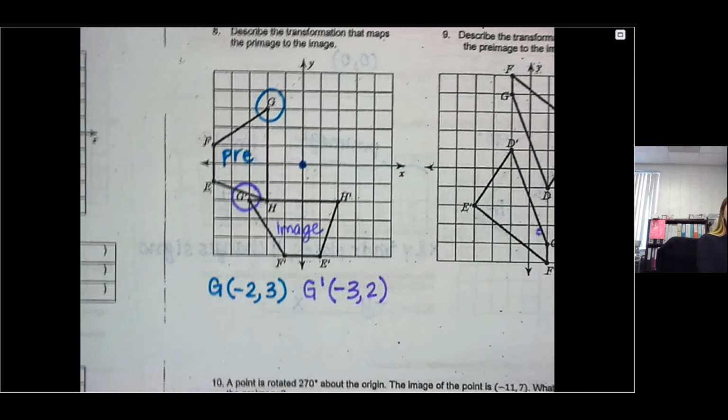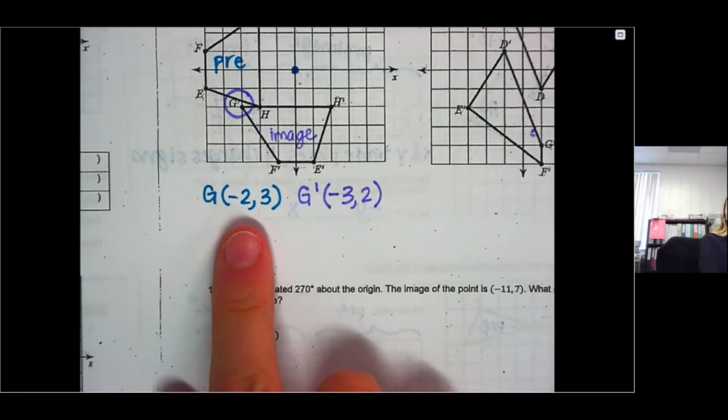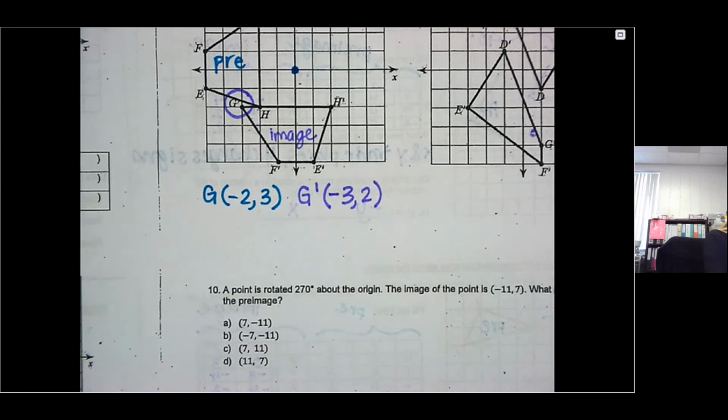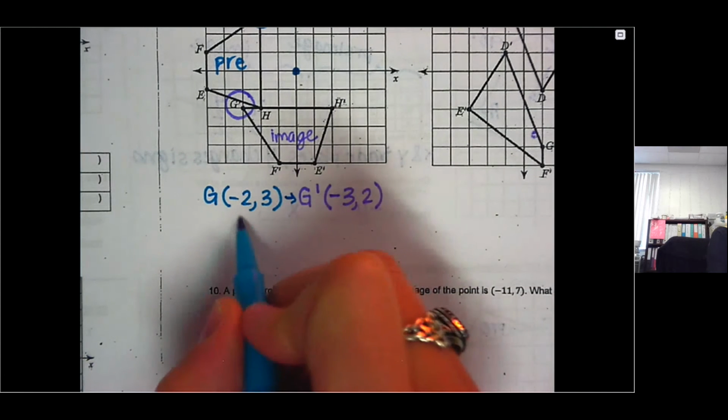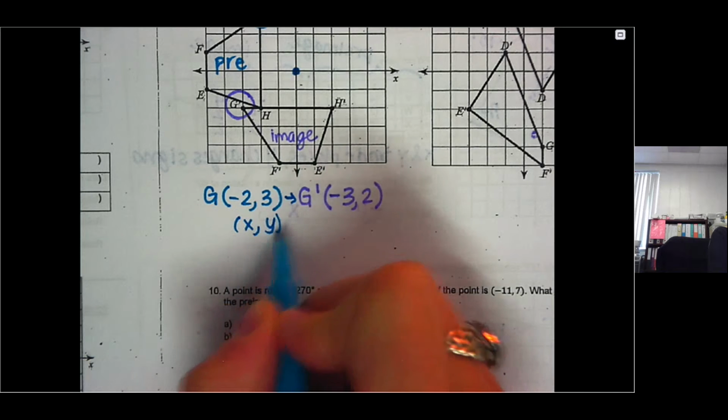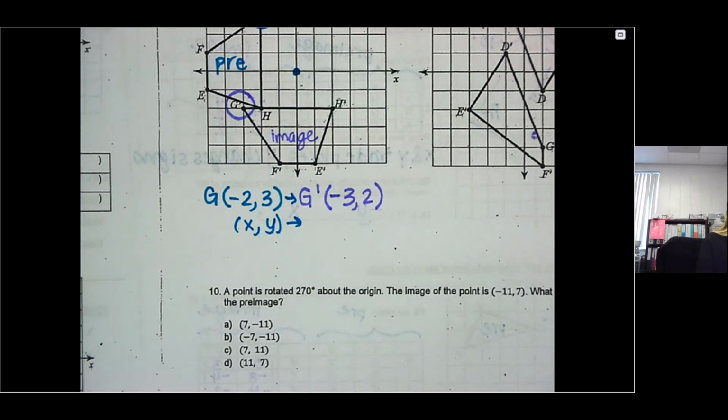Okay, so if this is your original right here, this is your original 2 points. These are your X's and your Y's. What happened to go to G prime? Did they stay the same? Did they trade places? Did they change signs? What happened? They traded places, and Y changed signs.